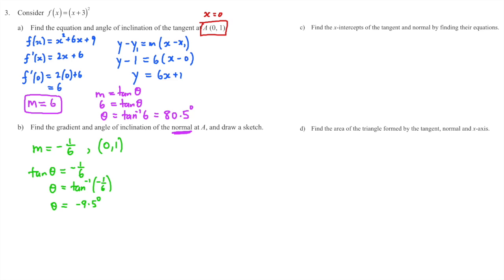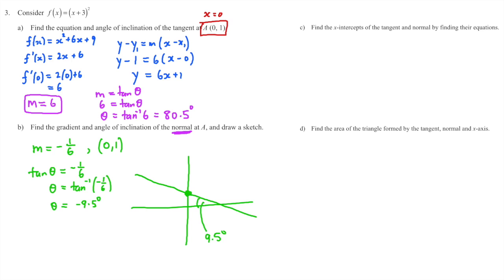What does that actually mean? We draw a sketch of it. We know it goes through the point 0, 1, which is there. And we know that it has an angle of minus 9.5 degrees. So the line actually goes like this. And that angle there is 9.5 degrees.